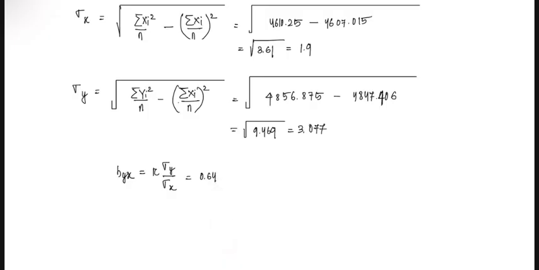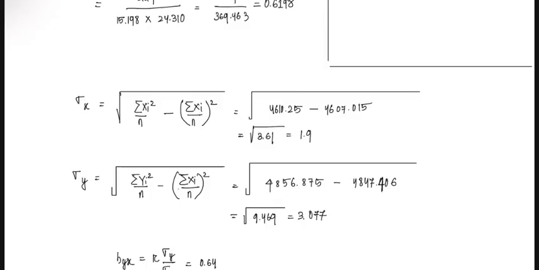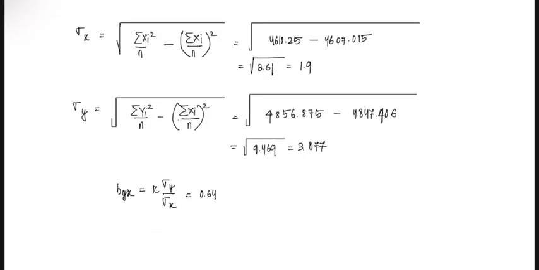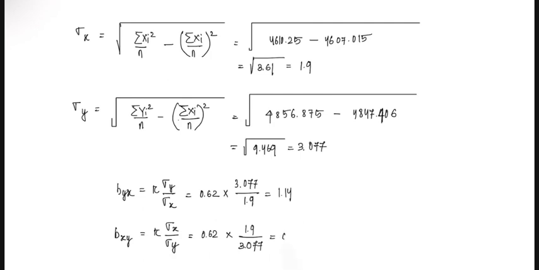This is 0.64. This 0.61. Now let's do it for the roundup, and this is sigma y, it is 1.14, and b, that is slope of x on y, is r sigma x by sigma y, is 0.62 multiplied. Its value will be more or less 0.34.